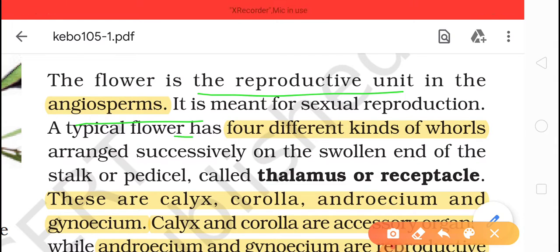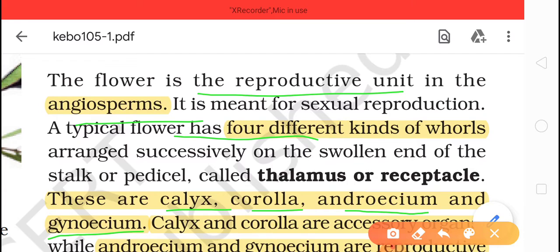A typical flower consists of four parts, that is calyx, corolla, androecium and gynoecium. So the four parts found in the flower are calyx, corolla, androecium, gynoecium.